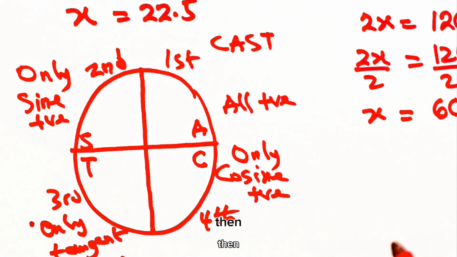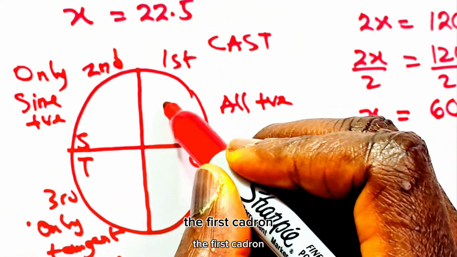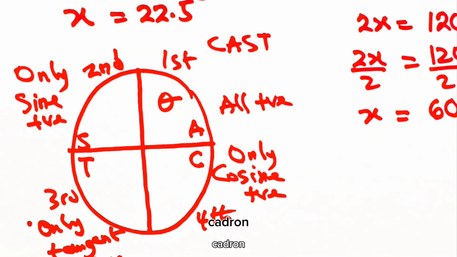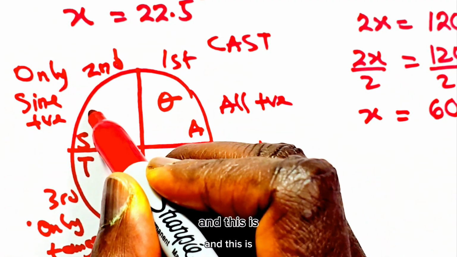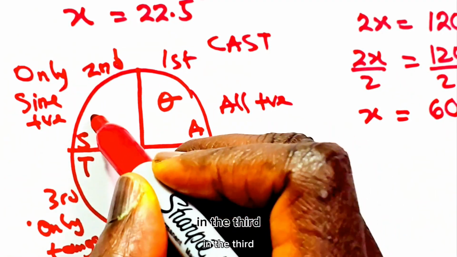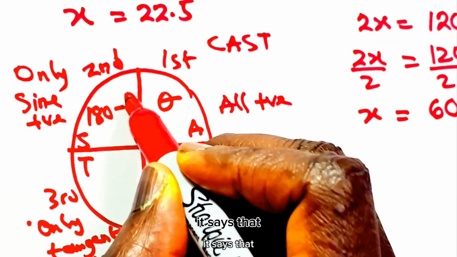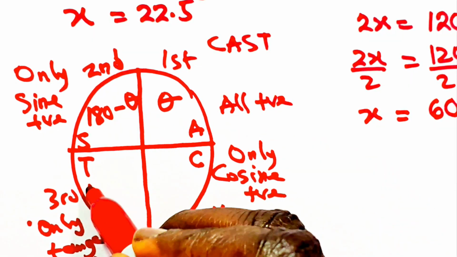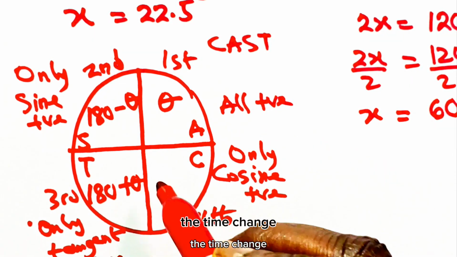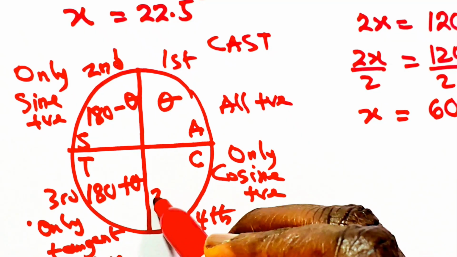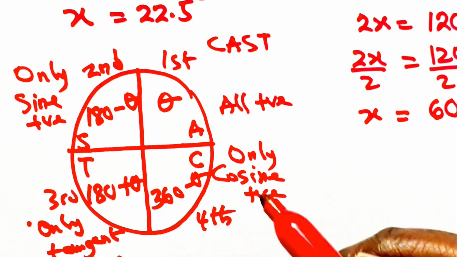So in that way, this is the formula we normally use. The first quadrant is going to give you theta, and the second quadrant is going to give you 180 minus theta. The third quadrant is going to give you 180 plus theta, and the fourth quadrant is going to give you 360 minus theta.